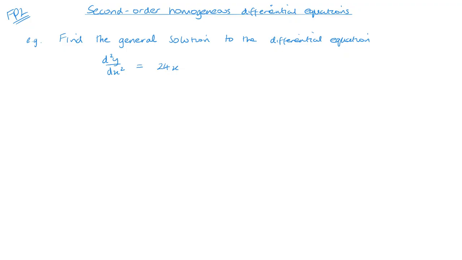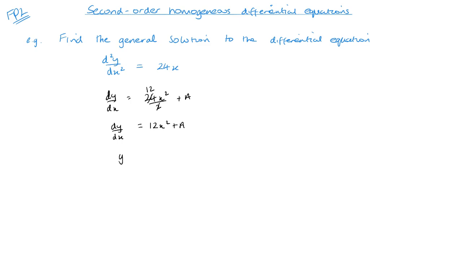And if I was basically to integrate this to get to y equals, I would integrate once, so that would give me dy by dx, and that would be then 24x squared over 2, plus a. And obviously the 2 will cancel with the 24, leaving me with 12. So that's 12x squared plus a. And that was my dy by dx.